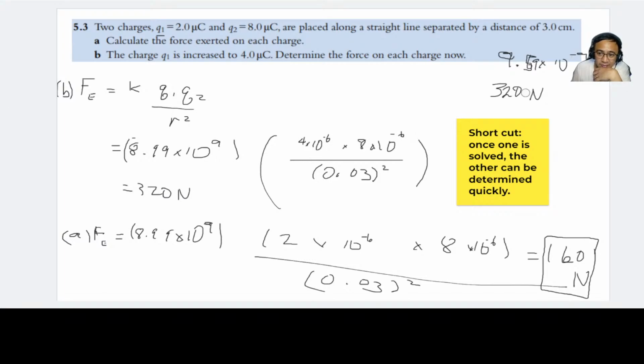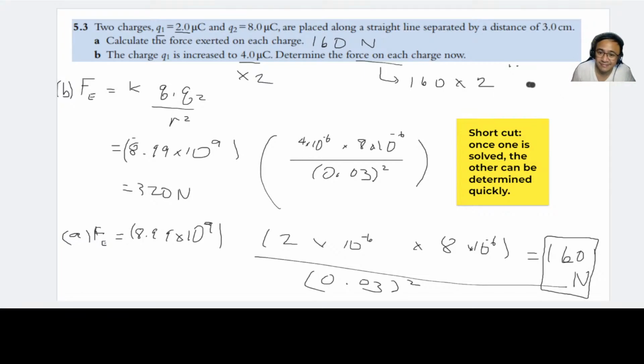Now, let's say I'm going to start with A, and I determined that the answer in A is 160 newtons. Now, here's the thing. This charge got doubled, times 2. So from the equation, this means that the force is going to be 160 times 2.